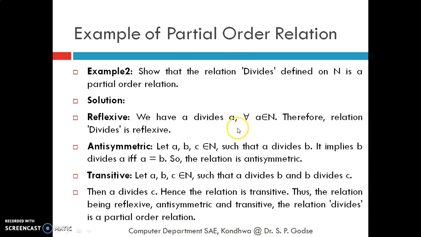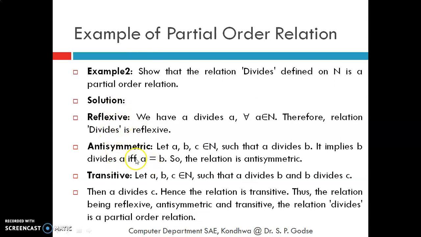We have A divides A for all A belonging to N. Therefore the relation divides is reflexive. It means if you take any element from the natural number set, it divides itself. That's why the ordered pair (A, A) can be added into the relation and it is satisfied for all the elements from the natural number set. So divides satisfies the reflexive property.